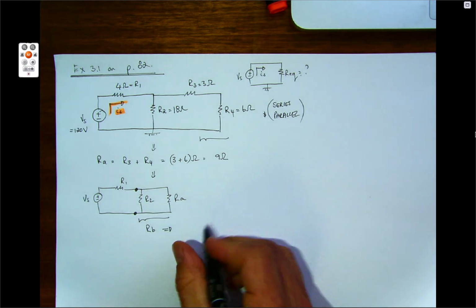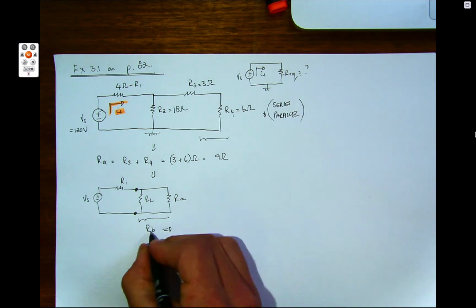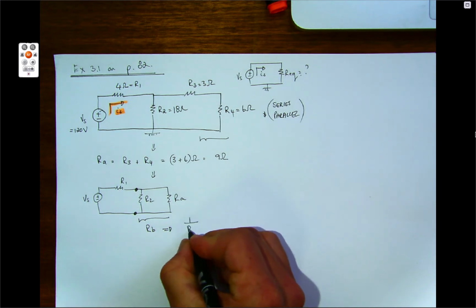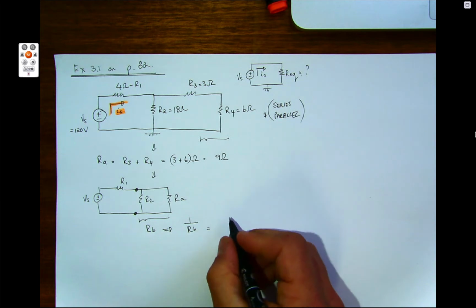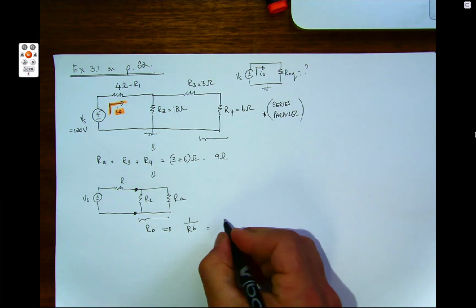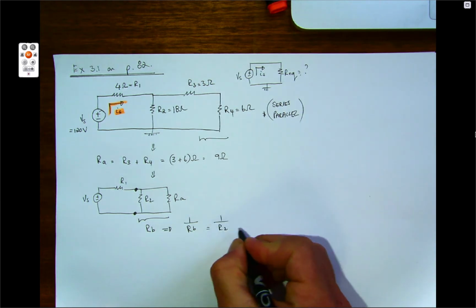To simplify this into a resistor called RB, I'm going to use the parallel resistor equation that we derived in class.